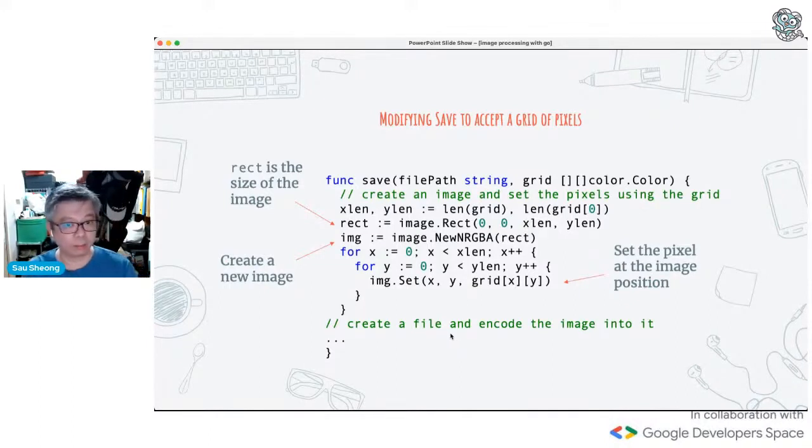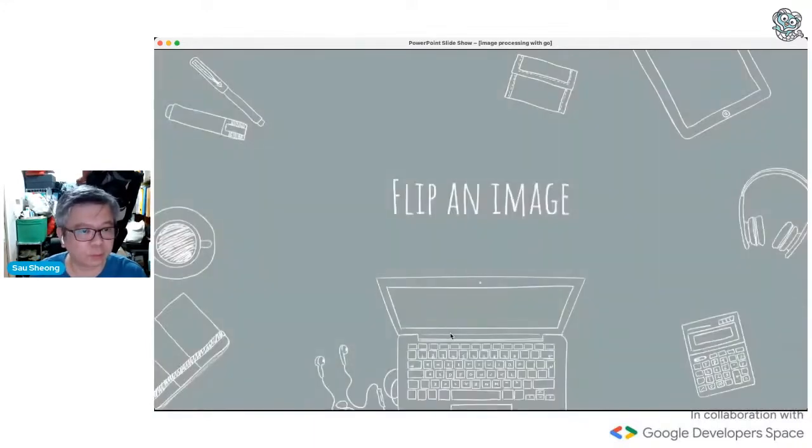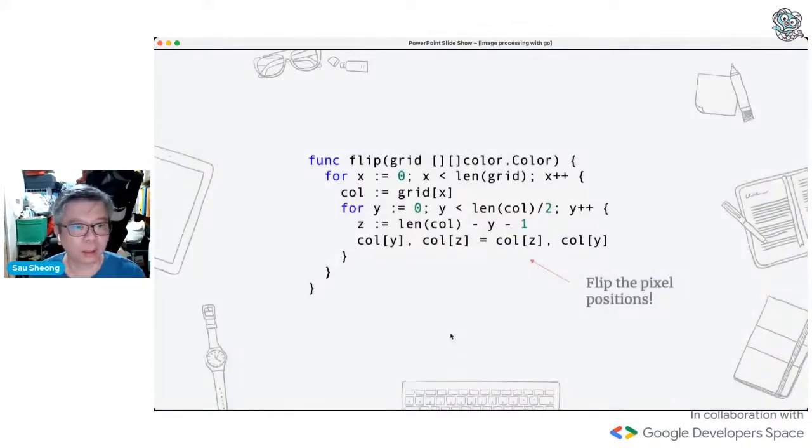Okay, so with that in place, we can proceed to do a lot more different types of image processing. Let me start off first with the first and the easiest probably, which is to flip the image. So what we want to do is flip the image upside down, and let's take a look at the code. Pretty straightforward.